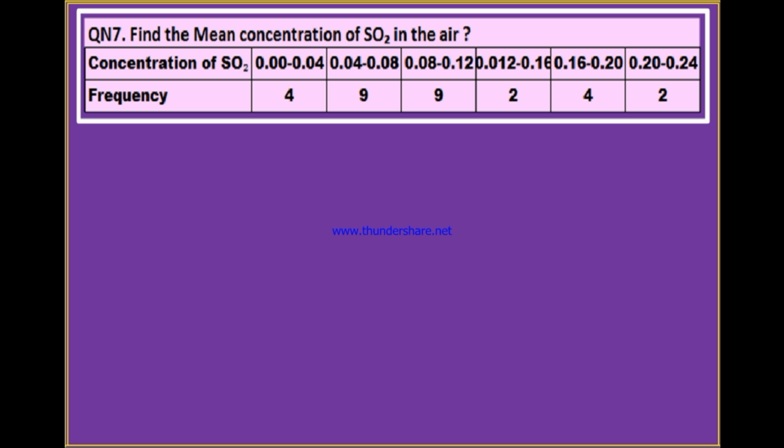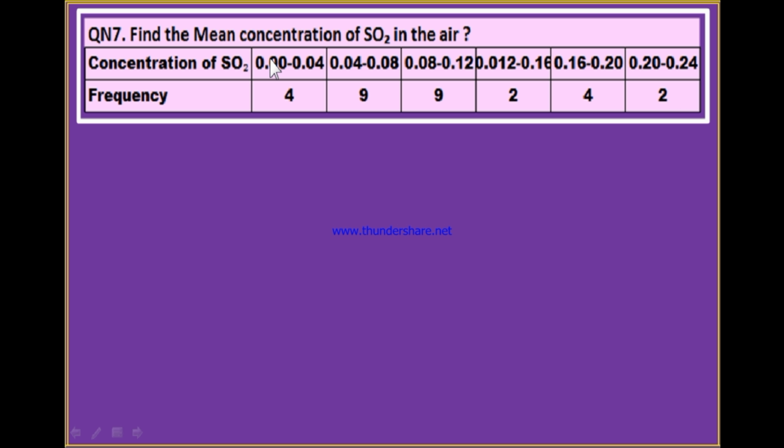The concentration of SO2 is from 0.00 to 0.04, the frequency is 4. 0.04 to 0.08, the frequency is 9. 0.08 to 0.12, the frequency is 9. 0.12 to 0.16, the frequency is 2. 0.16 to 0.20, the frequency is 4. 0.20 to 0.24, the frequency is 2.